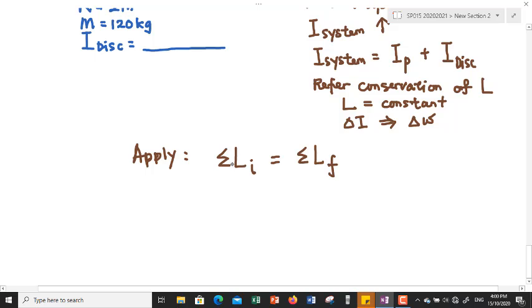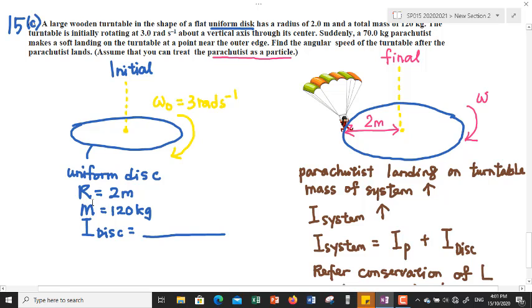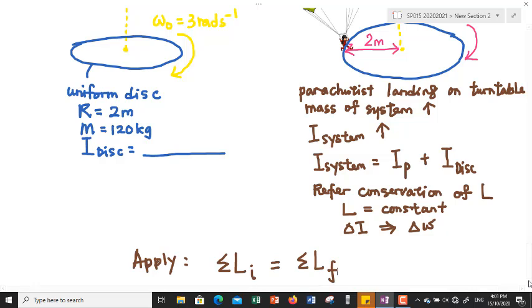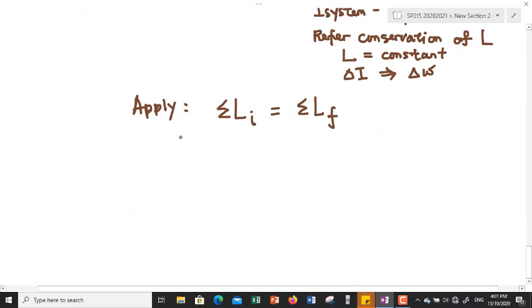Initially we have I of the disc multiplied by the initial angular speed, 3. Finally we have I of the parachutist plus I of the disc, and then the final angular speed omega.